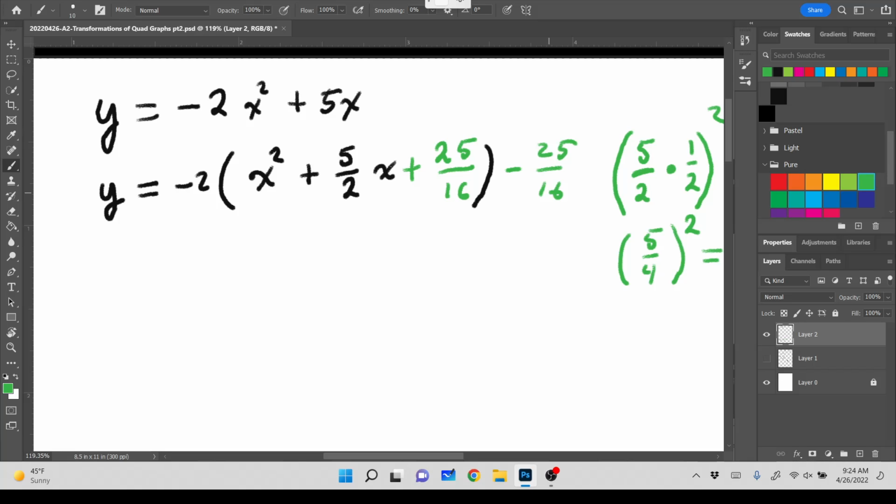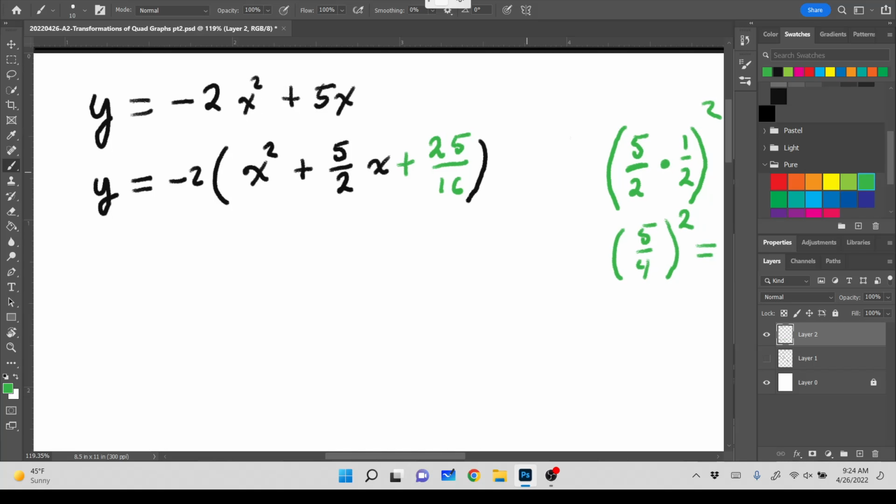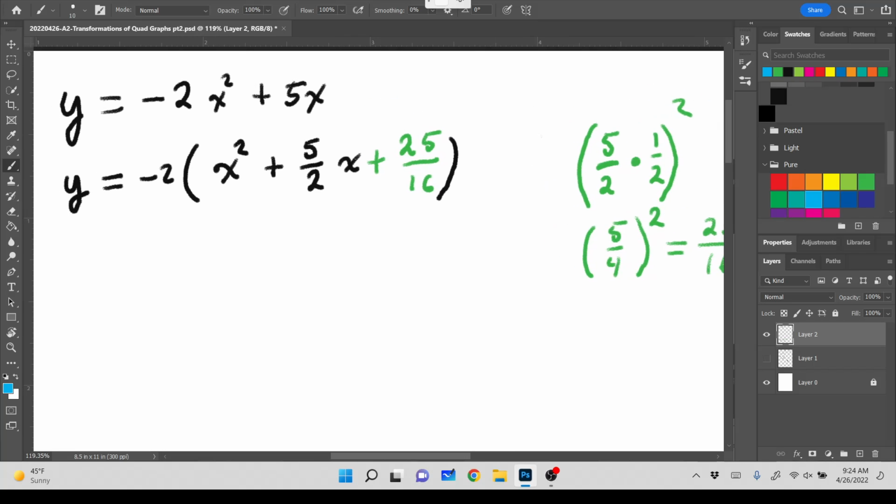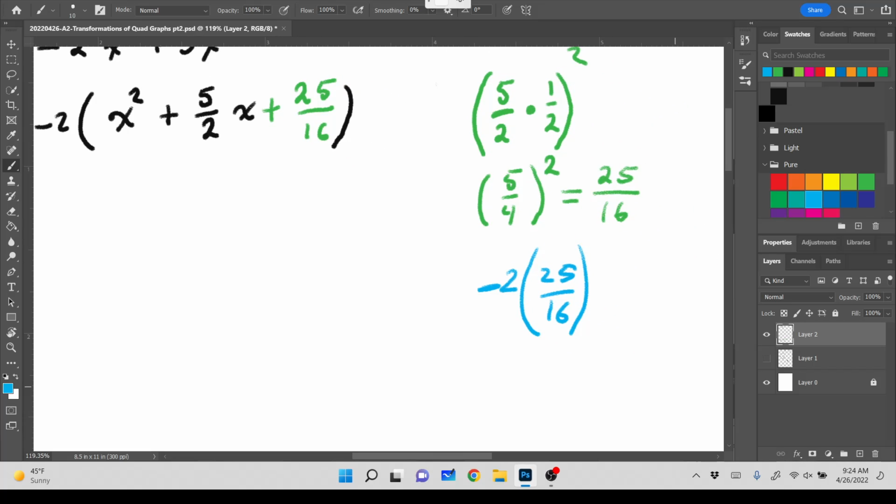What do we have to do to figure out what we're actually going to add or subtract to make this even? Multiply this by -2. It'll give us what we're going to do at the end. Because we have to add it over there. So -2 times 25/16. What does that equal?